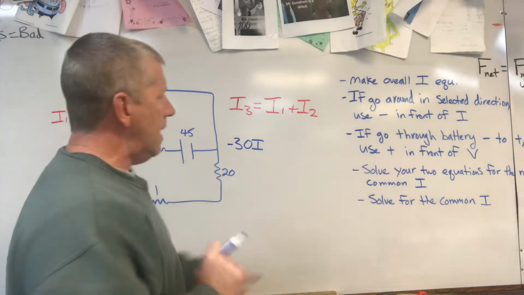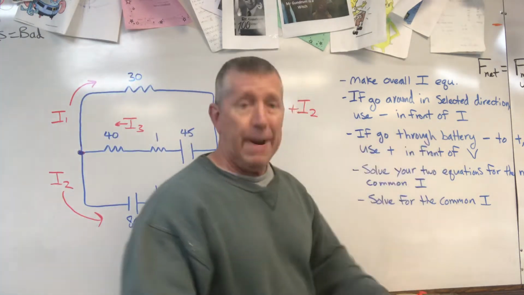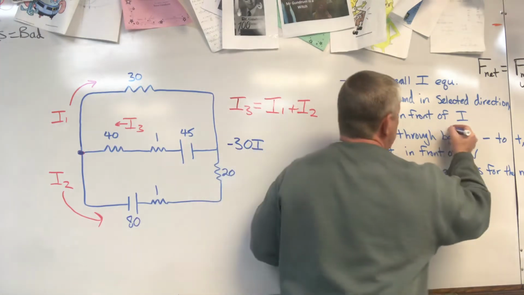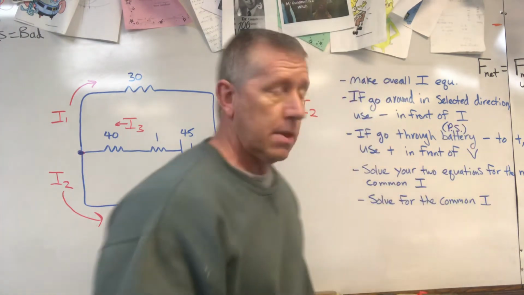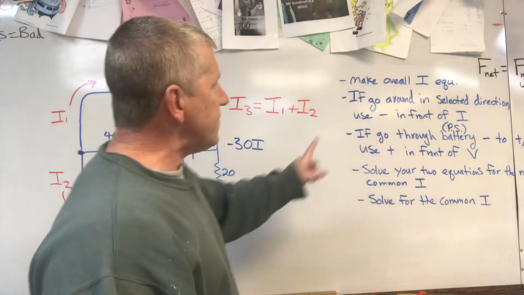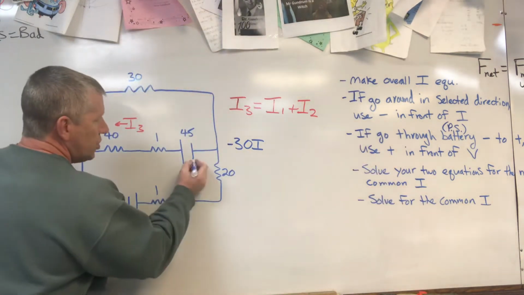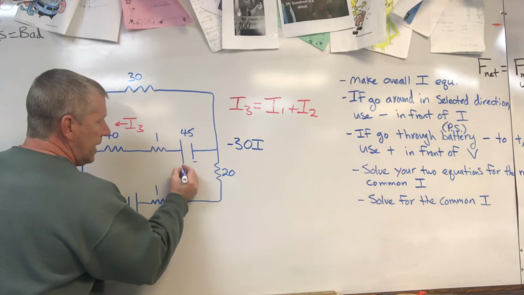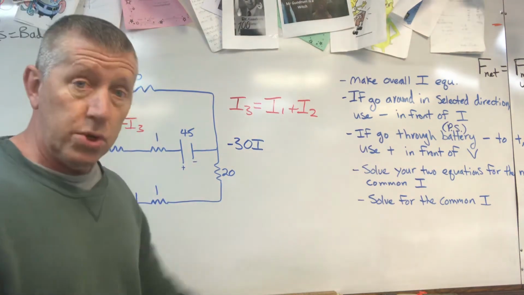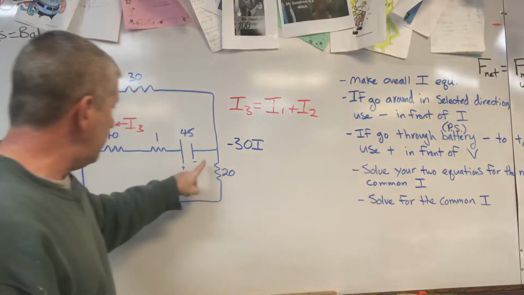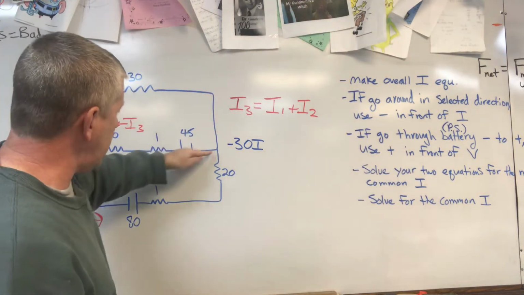If I go through a battery or power source, let me put PS here, power source. It doesn't have to be a battery. Going negative to positive. Remember, the short end on a power source is negative, and the longer line is positive. And that's what we're doing: going through negative to positive.